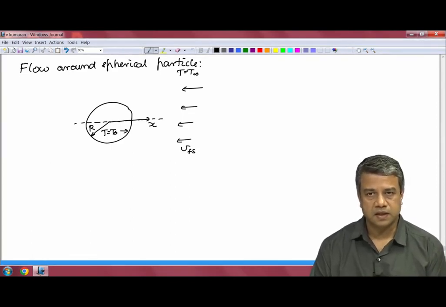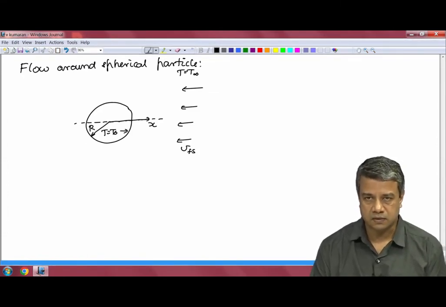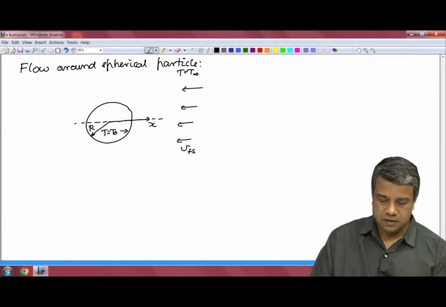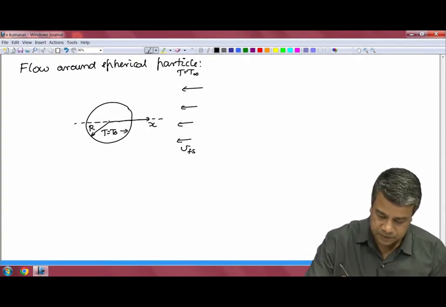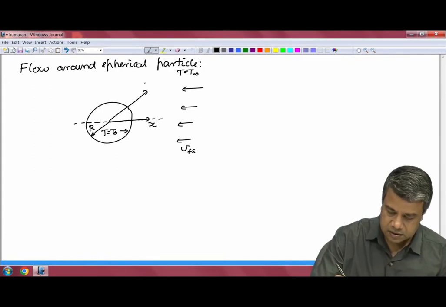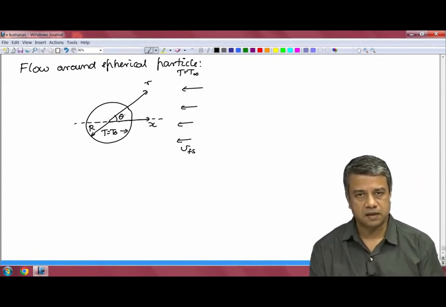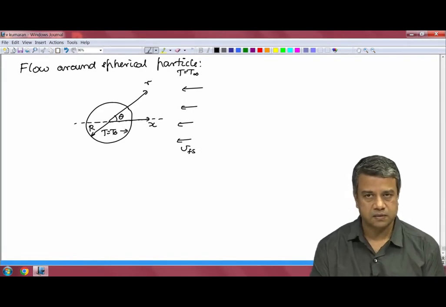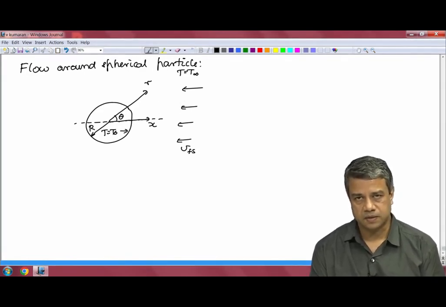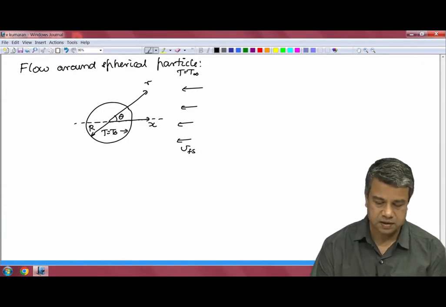The flow velocity has only one direction. That means that if the axis is aligned along the flow velocity, the velocity field and the temperature field should be independent of the angle around this axis. So, I can use a spherical coordinate system where r is the distance from the origin and theta is the azimuthal angle from the axis, which is aligned in the direction opposite to the flow. So, that is the problem.